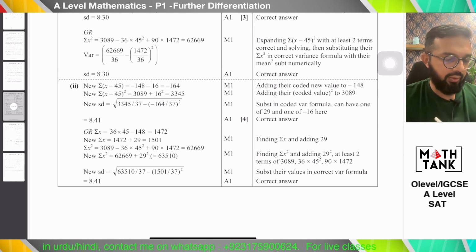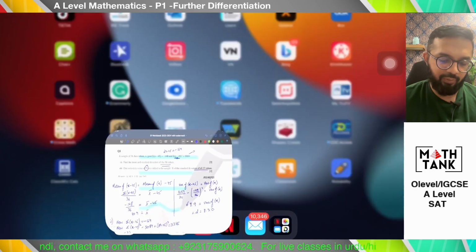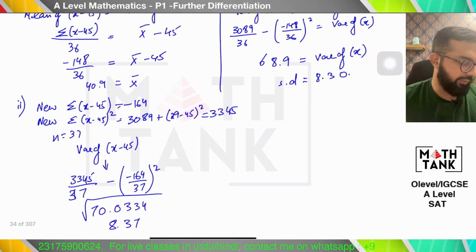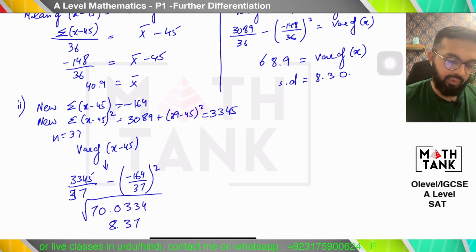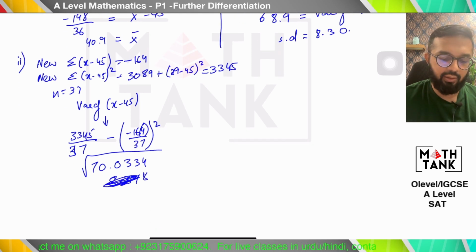Have I calculated wrong then? 3345 divided by 37. Oh yeah, I calculated wrong. So 8.41 is the correct answer. Instead of doing 164, I've done 167. Yeah, that's what I was thinking. I've done it the correct way.